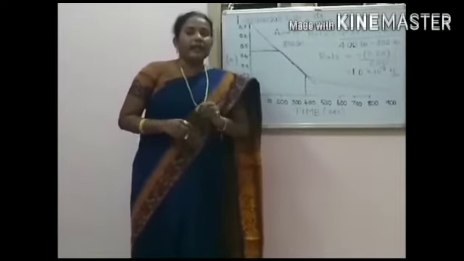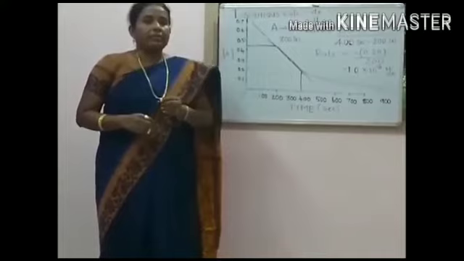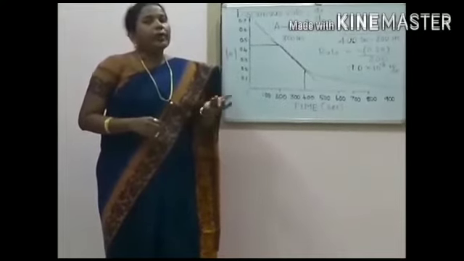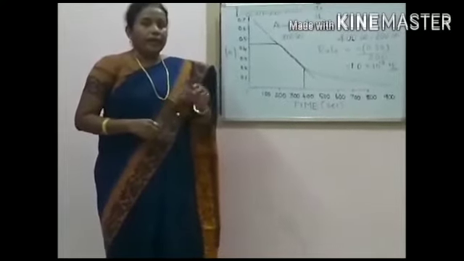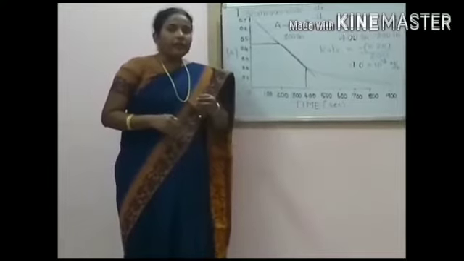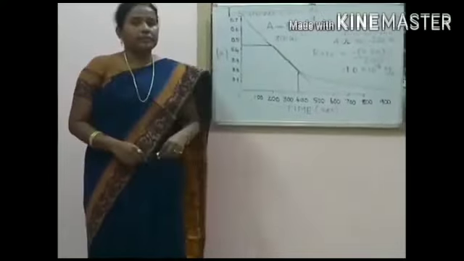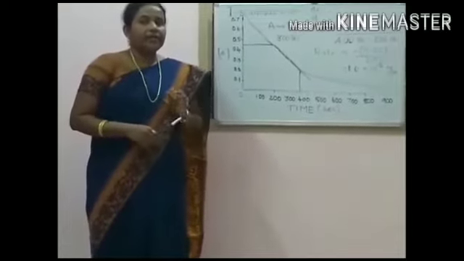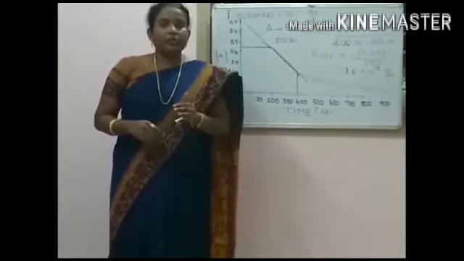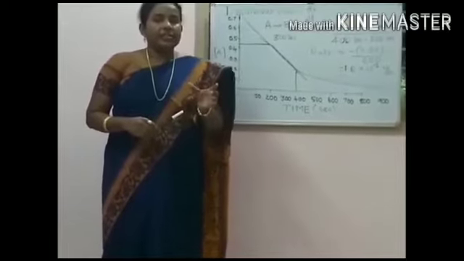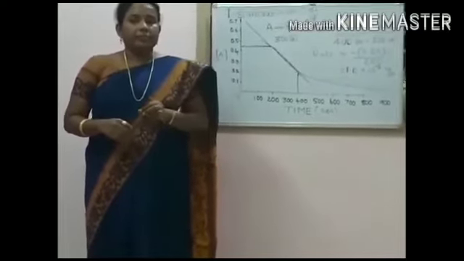Therefore, finding the rate at a specific time during the reaction could be quite difficult. Now assume we want to find the rate of the reaction at 300 seconds. The instantaneous rate of a reaction is equal to the gradient of the tangent at a particular time.